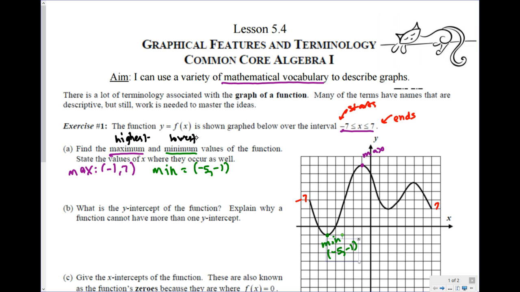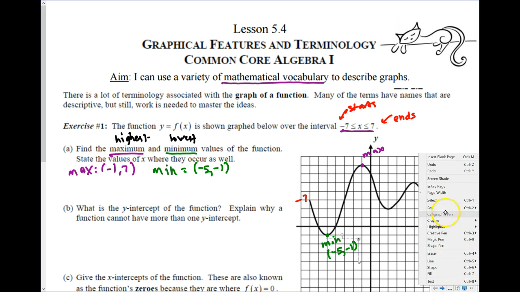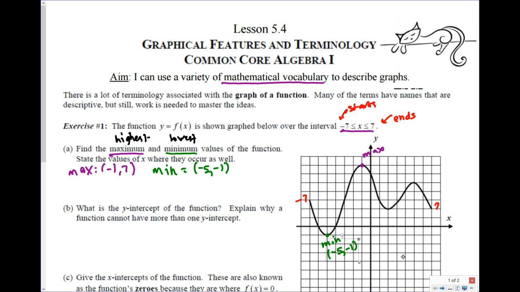Okay. Question B. What is the y-intercept of the function? Okay, y-intercept is an interesting concept. I'm sure this isn't the first time you've heard this, the y-intercept is where the graph crosses the y-axis.